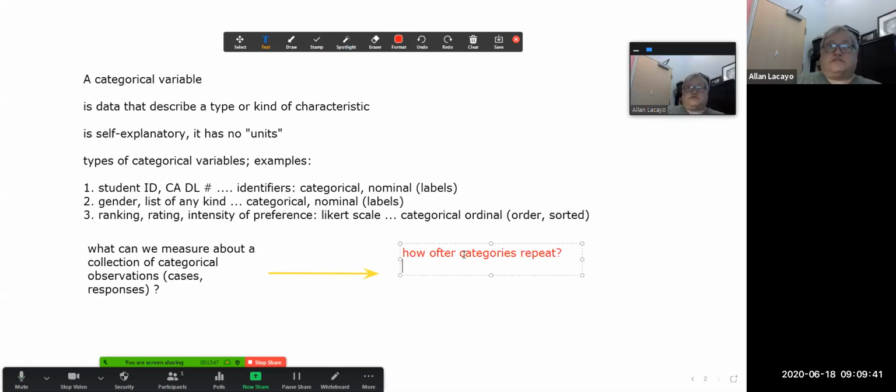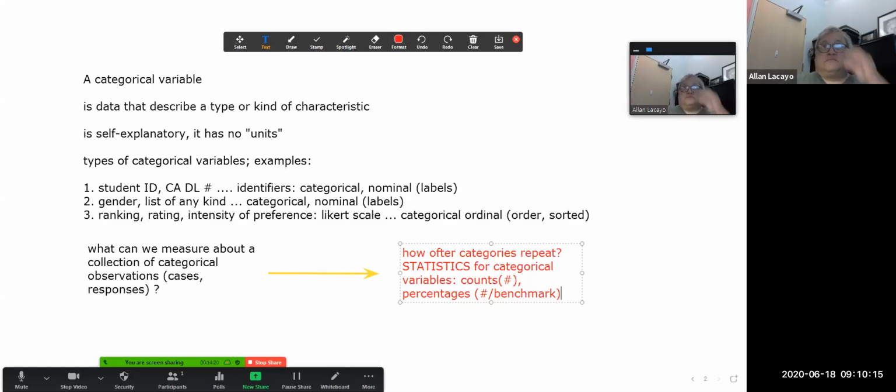And so the nature of statistics for categorical variables is going to be that we're either looking at counts of how many times we observe a specific variety of a category, and percentages, when we put that categorical count in relation to a benchmark value.